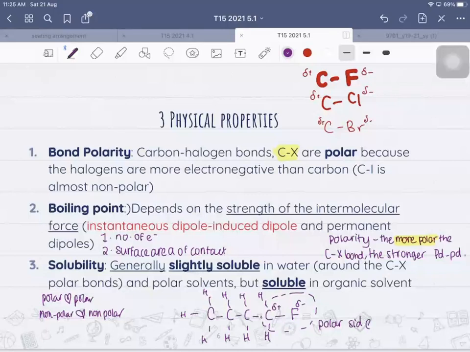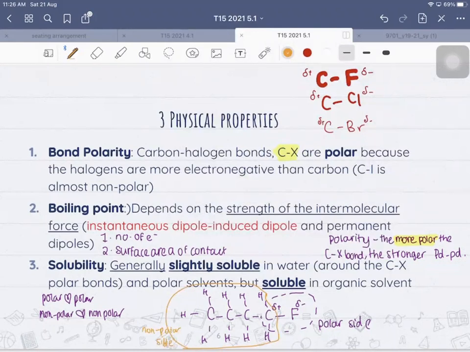Whereas the other side of the molecule, usually called the hydrocarbon tail, because it contains carbon-carbon and carbon-hydrogen bonds, is nonpolar. It is only attracted to nonpolar solvents.